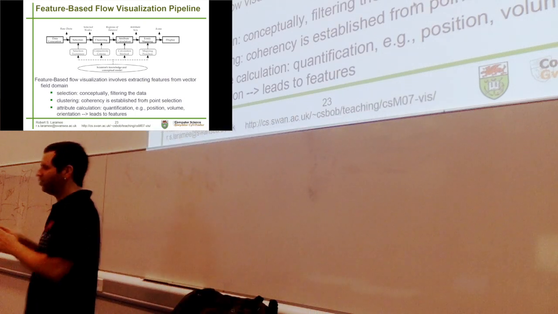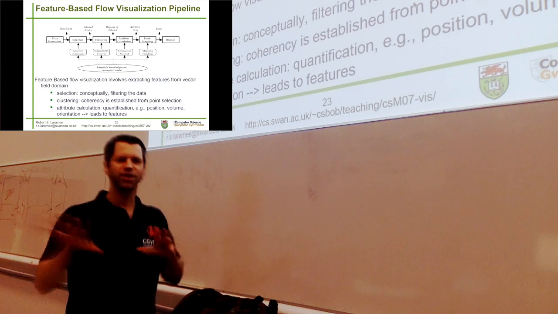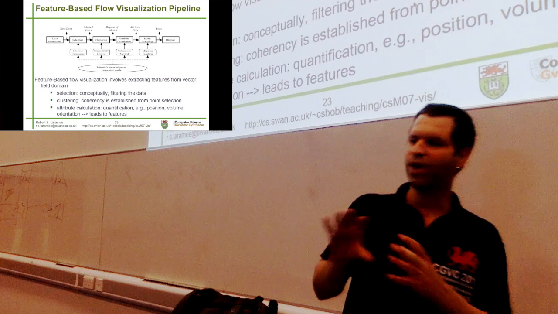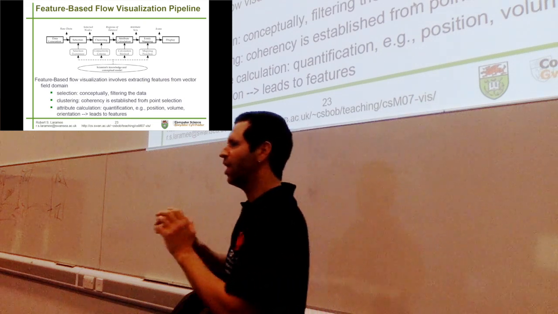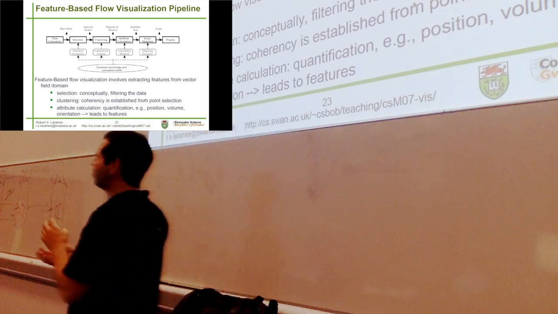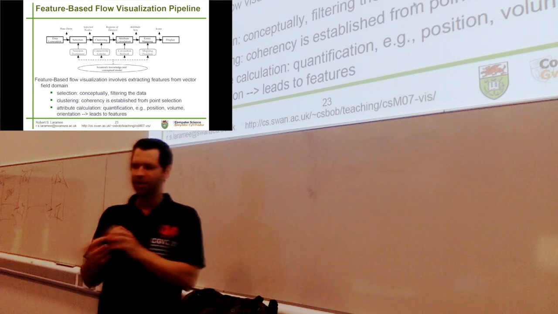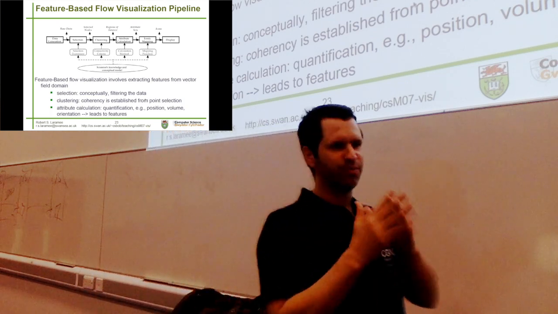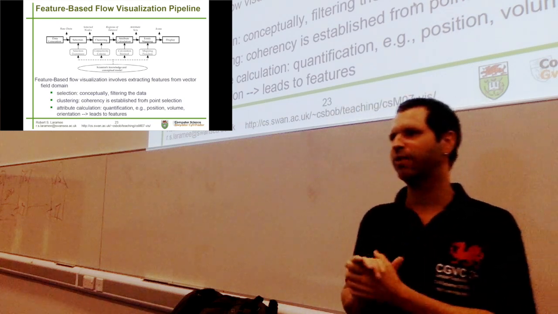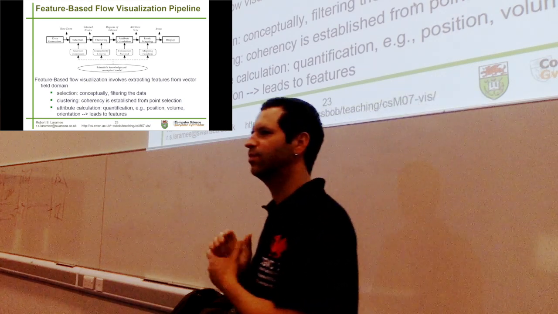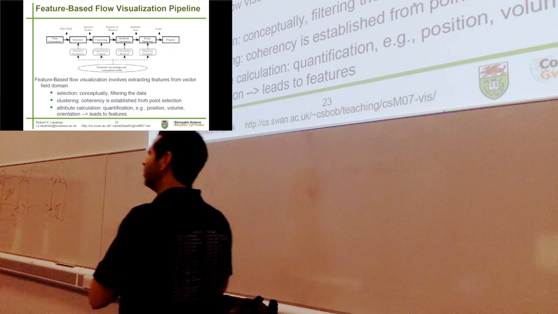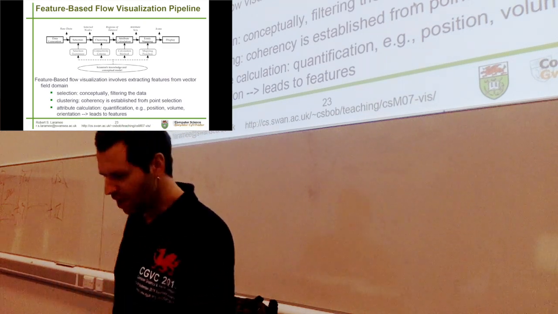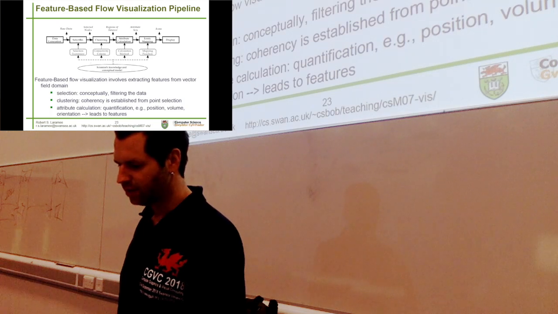You search for the regions that you find interesting. Where are the subsets of the flow that we want to focus on? So there's a search process. After the search process, the rest of the pipeline is similar to the traditional flow visualization pipeline. That's what this selection means.